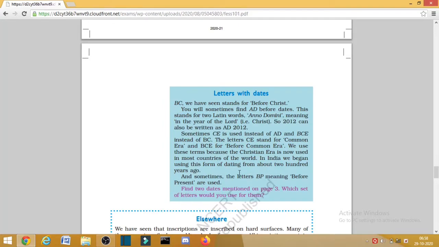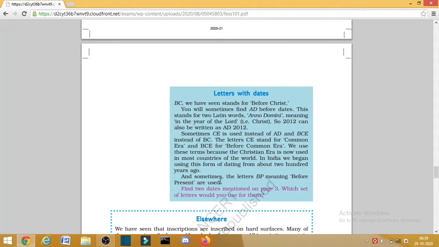And sometimes the letters BP, meaning before present, are used. So these terms AD, BC, CE, BCE you will find, and don't get confused. You must learn the full forms by heart.